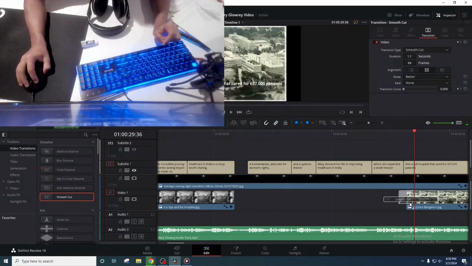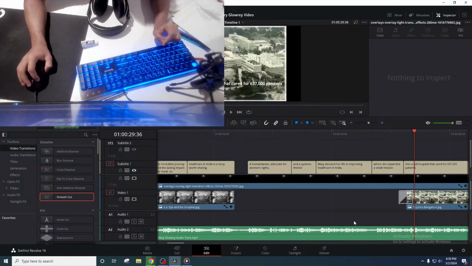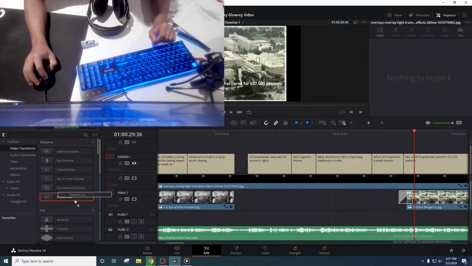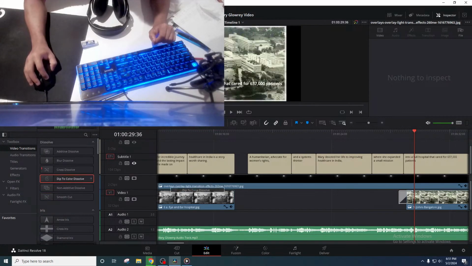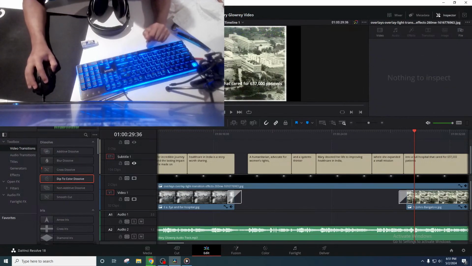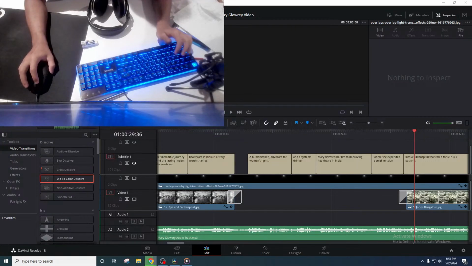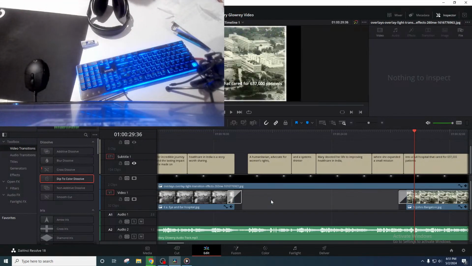Okay, smooth cut. That's just getting it ready for the image. And then when the image comes, I'll put it in.